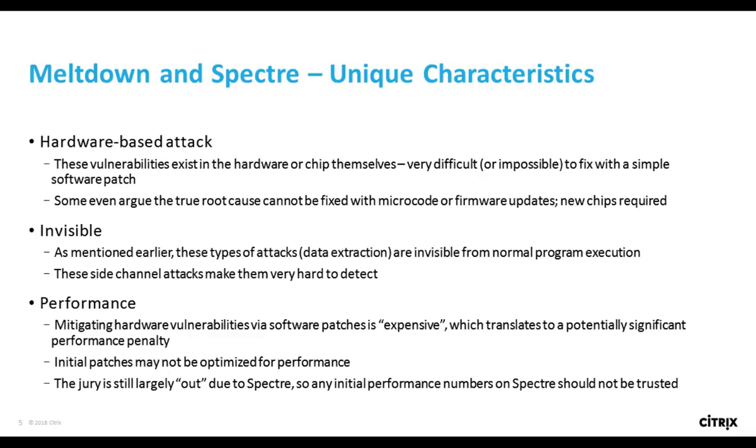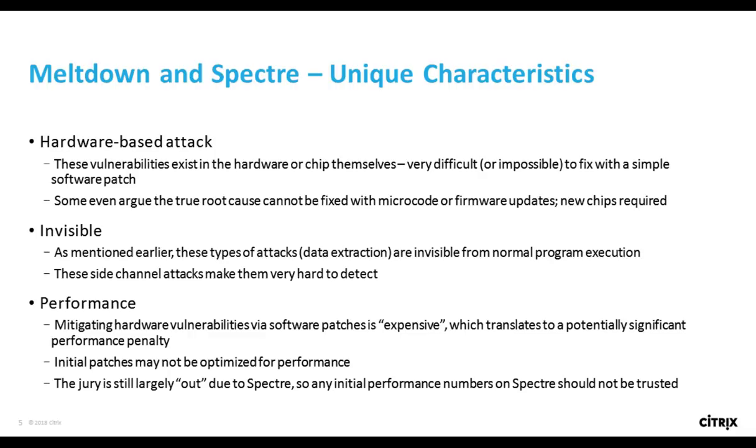What we are doing with Meltdown and Spectre is mitigating a hardware vulnerability through software patches, which is very expensive from a performance perspective. It's more of a workaround because we cannot easily replace the physical chip. So there is potentially a significant performance penalty, and it's going to depend on a lot of different variables.